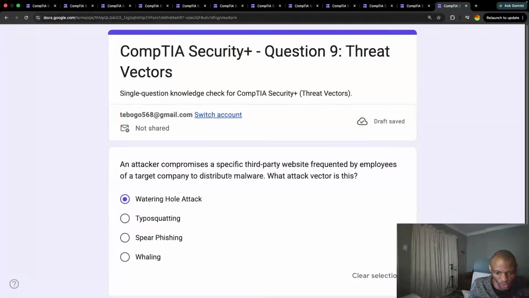So when your company tries to connect to the service provider's website, then your company will be connecting to a compromised website. Then I'll be able to get the information that I need from your company. So that's what this means, right? Watering hole attack. Now let's go to the next question.